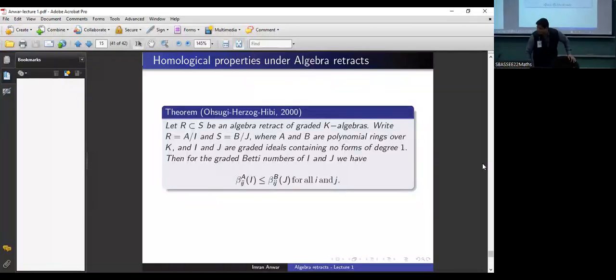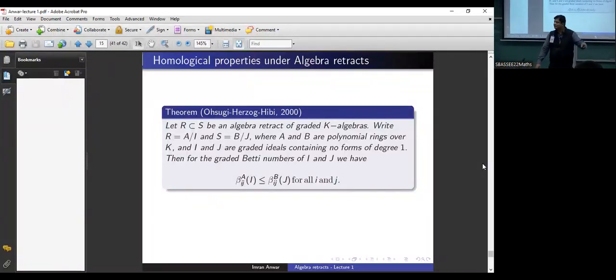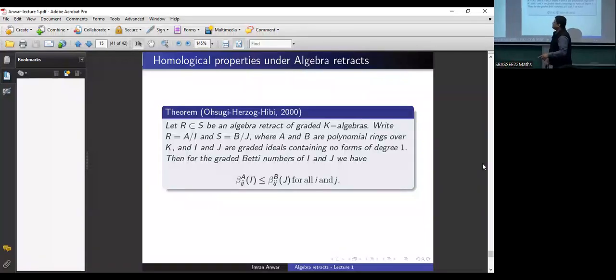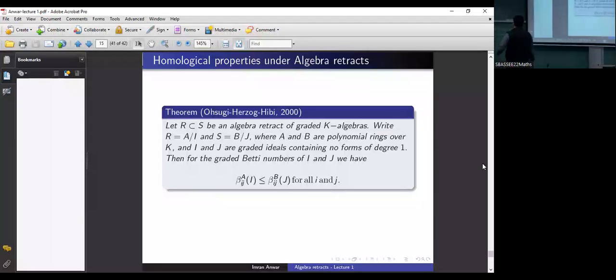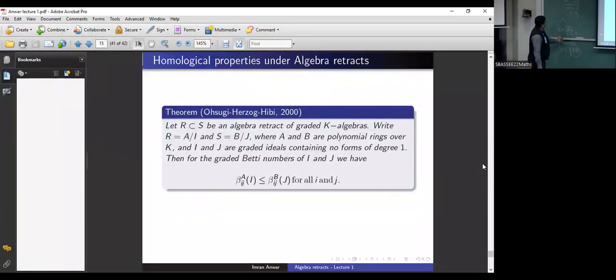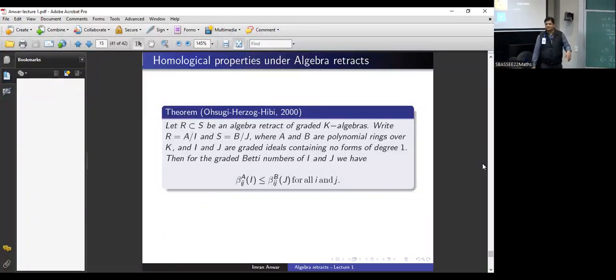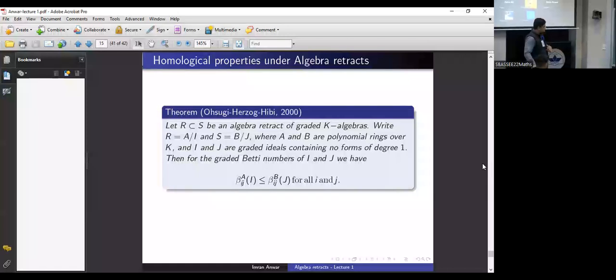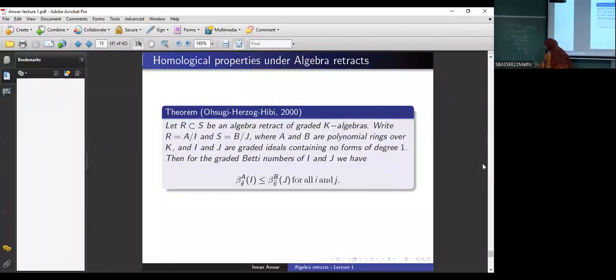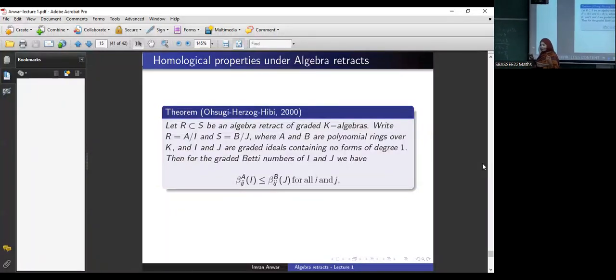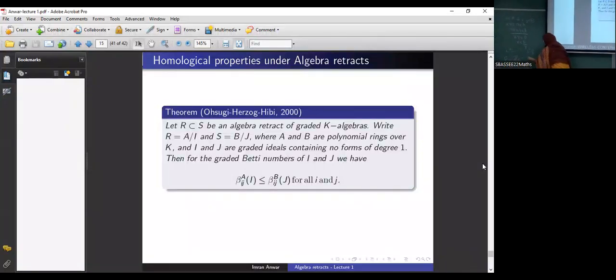I would like to answer that question, on the board. Every field is a UFD, a unique factorization domain. So that is why, when you are writing this, you can always write it in this way.